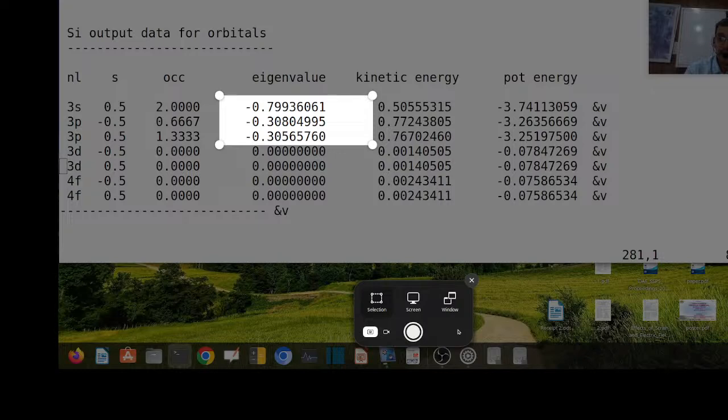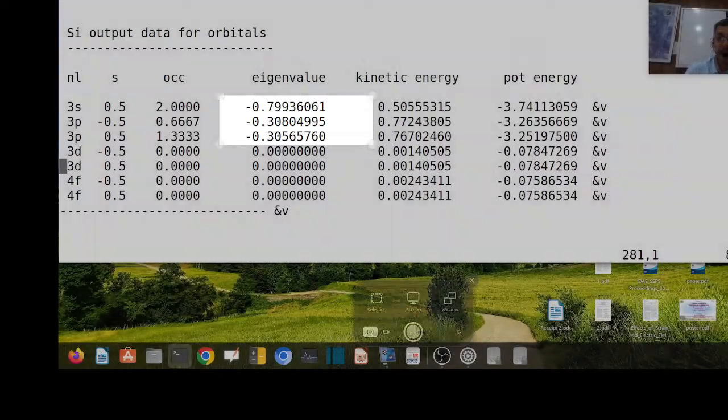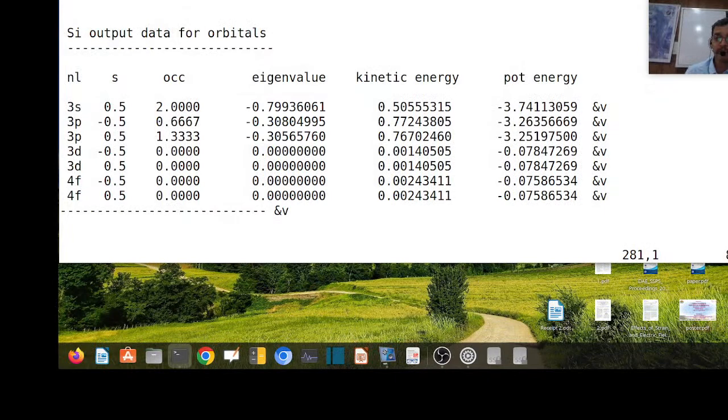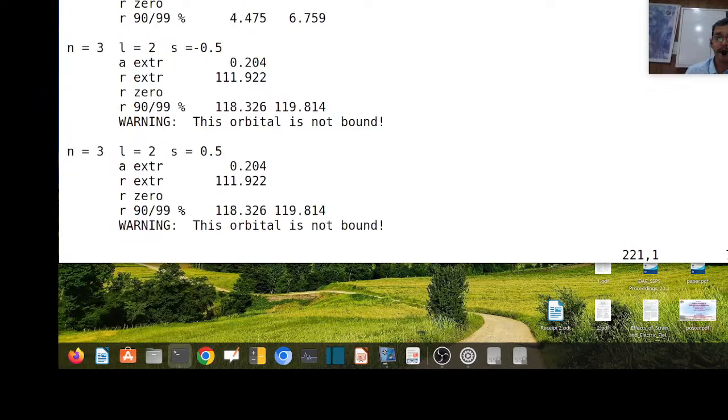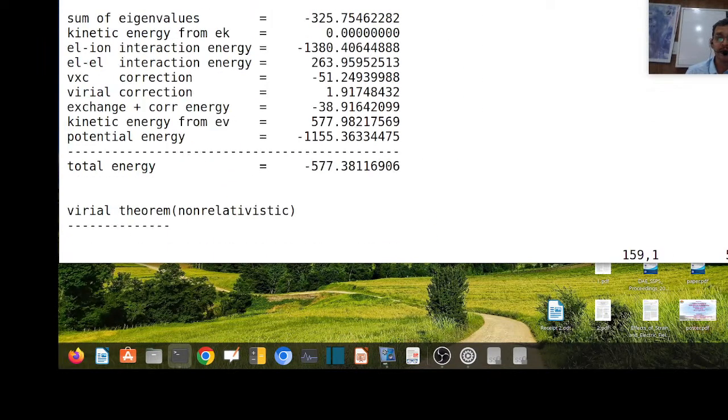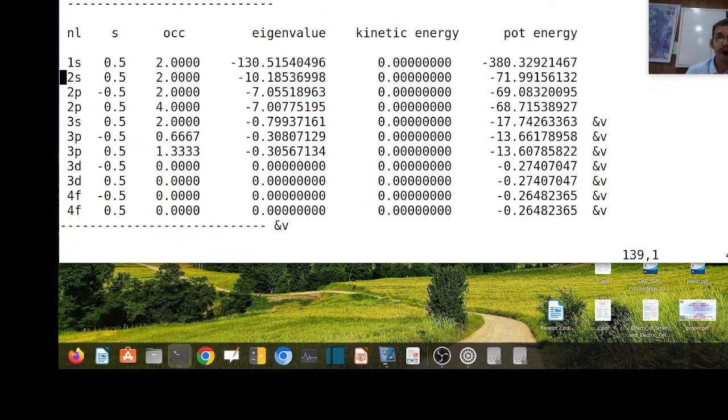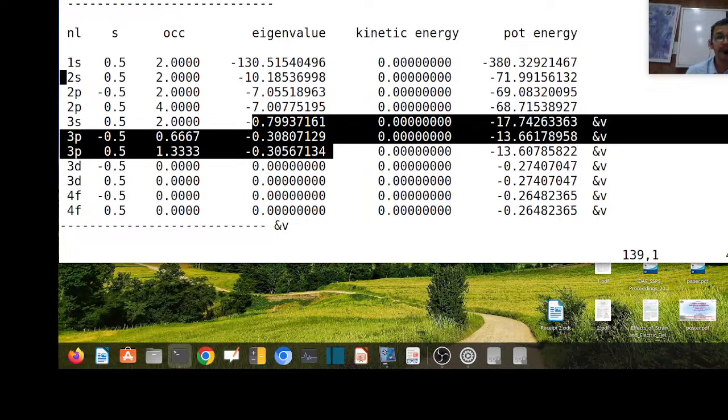I'm just taking its screenshot, and let me go to here again. It is 3s and 3p, right? I have to compare these only.